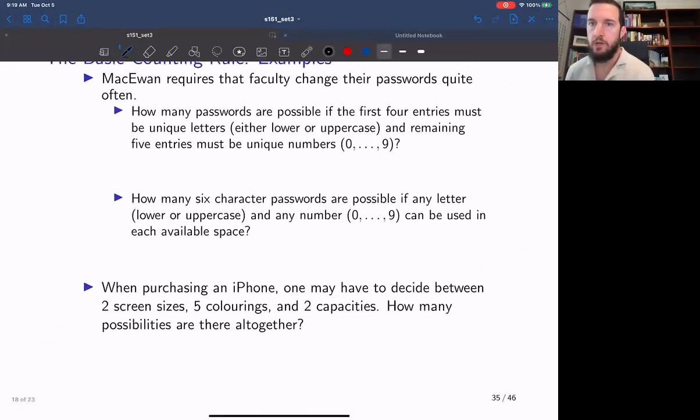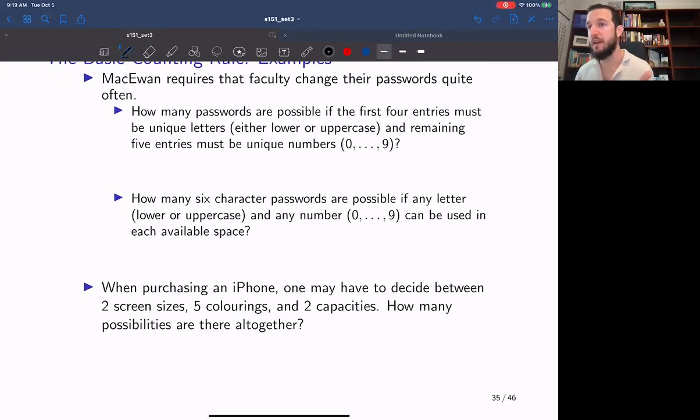At McEwen, we have to change our passwords fairly often, more often than I would like. The question is, how many different passwords are possible if the first 4 entries must be unique letters, lower or uppercase, and the remaining 5 entries must be unique numbers? Okay, so this is an application of basic counting.